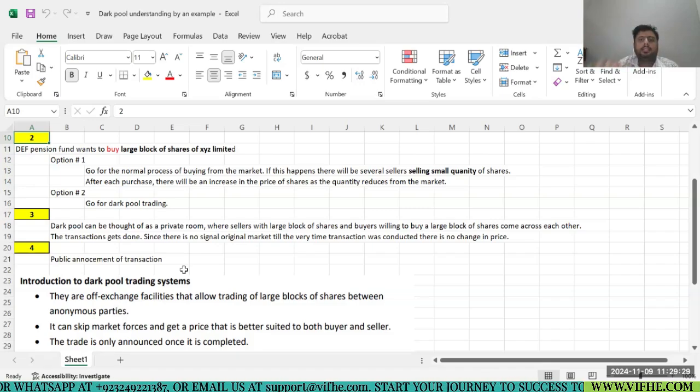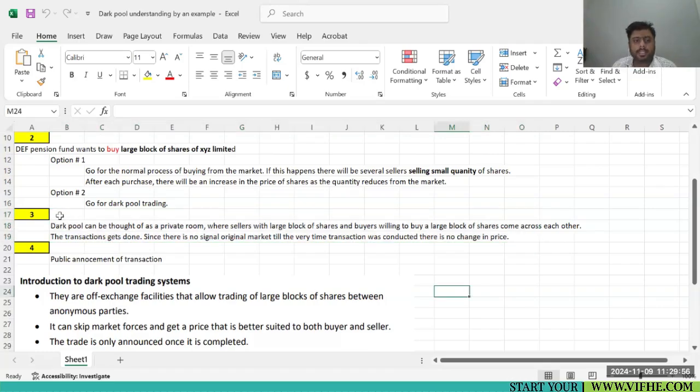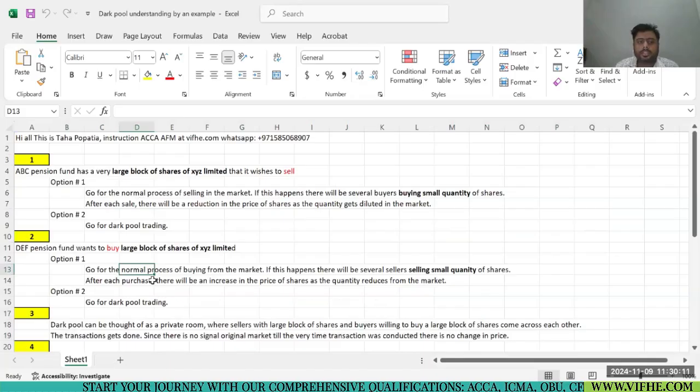Okay, and since it is not going through the proper normal routine stock exchange procedure, there is no actually signals going into the market. Okay, so you can think of it as a private transaction between two parties, but actually it is not a private transaction because it will still happen in the normal manner, just that it is a separate area. You can say that there is a dark pool area, and whenever you have to conduct a transaction of large block of shares, you go there.